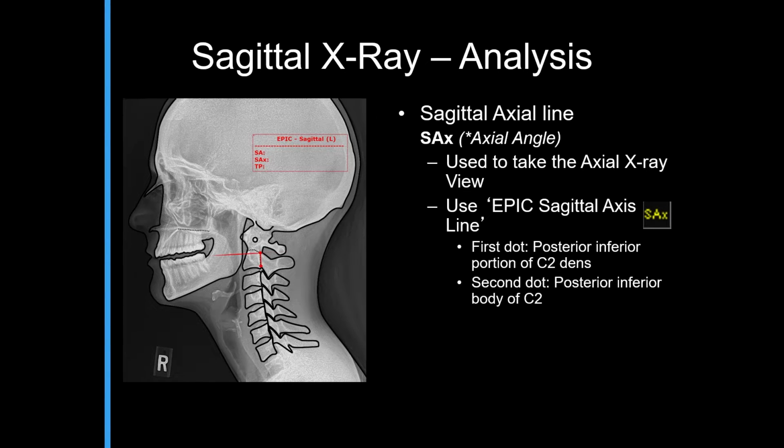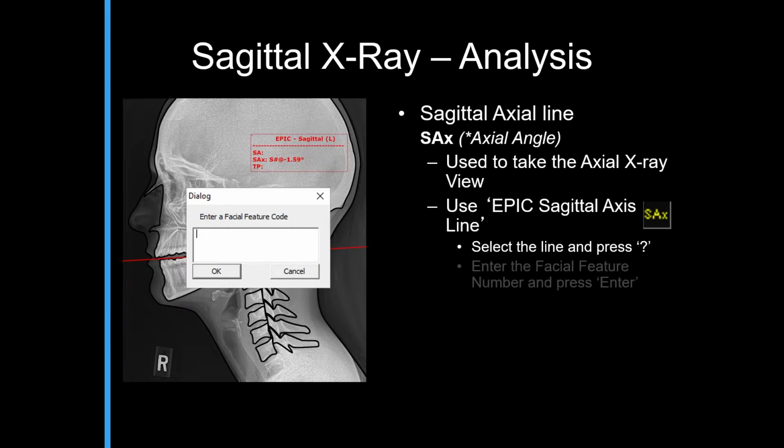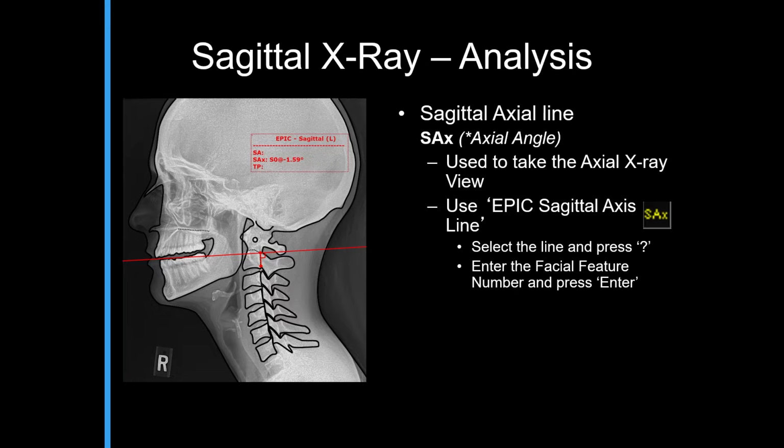The next one is the posterior inferior body of C2, and it scribes an orthogonal line like that. You need to know those three things, and you're going to place the facial feature code, which this one will be at 0, at negative 1.59 degrees.